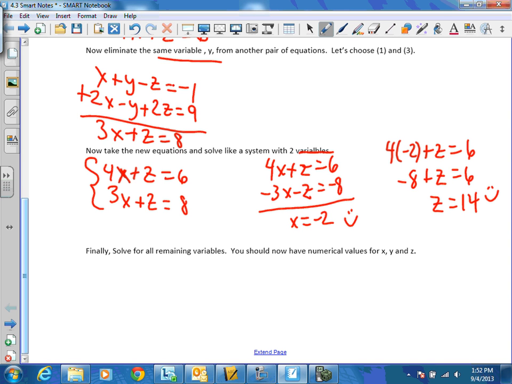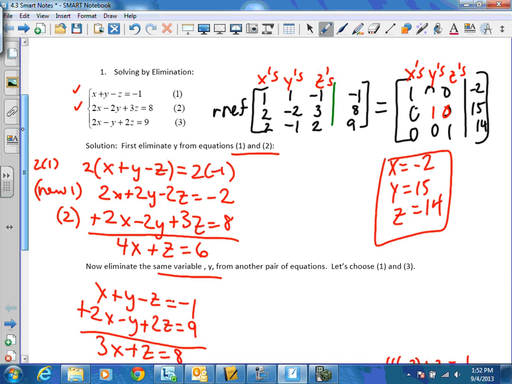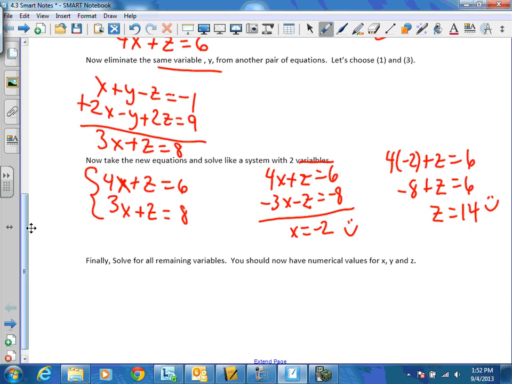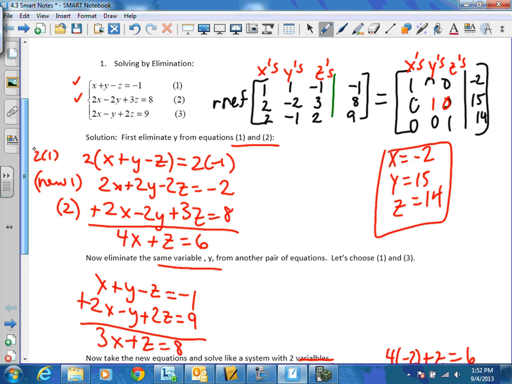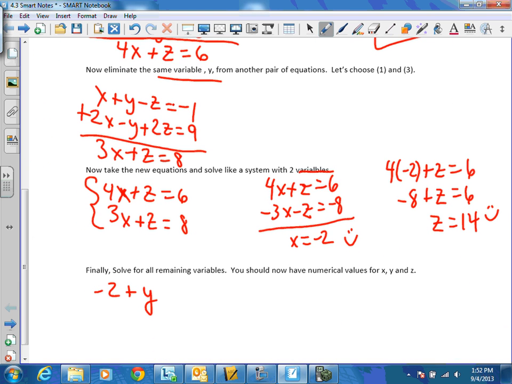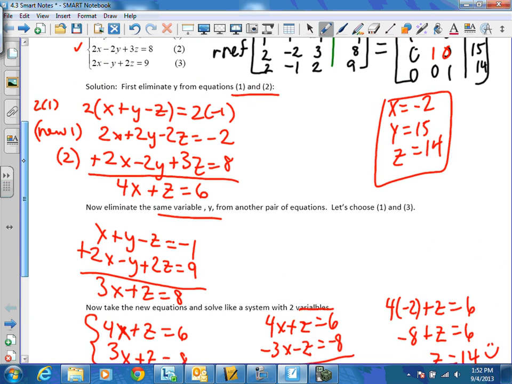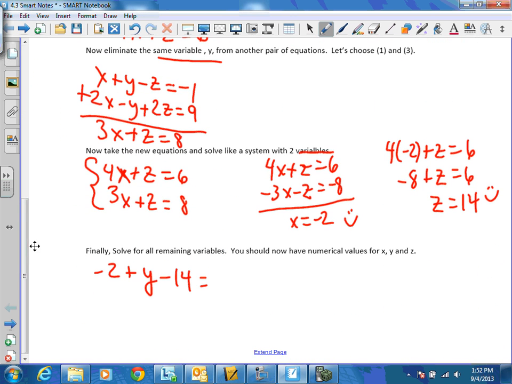Okay. All right, so now find all the variables. So how do you find the y? Plug your x and z into one of the original equations. So I can say x, x was -2, plus y, minus my z, equals what? -1.